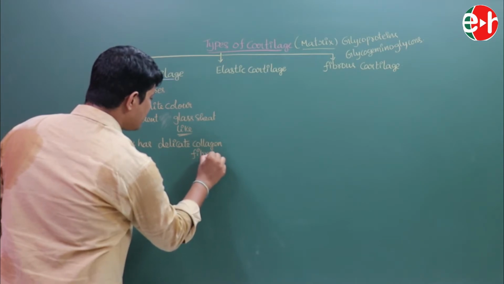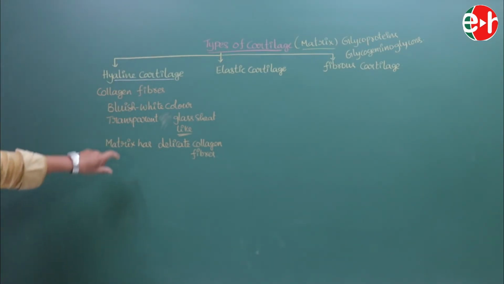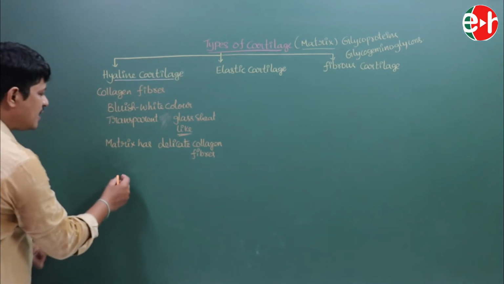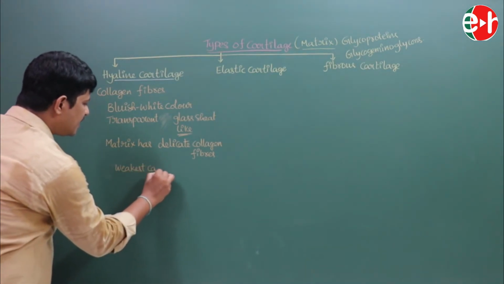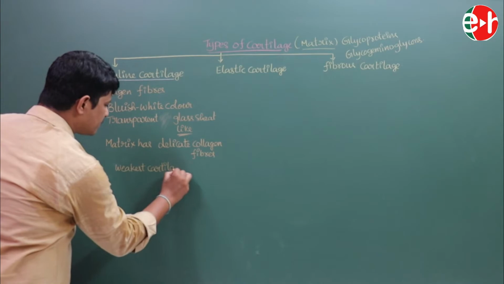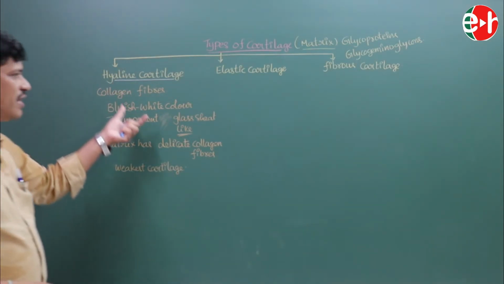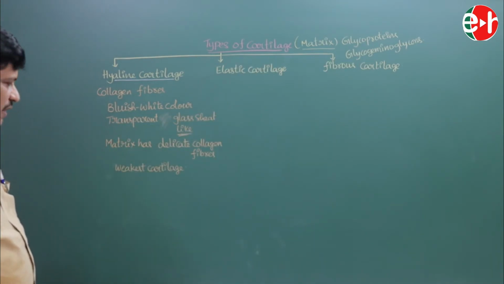Due to the presence of delicate collagen fibers, this hyaline cartilage is the weakest cartilage compared to the elastic and fibrous cartilages.